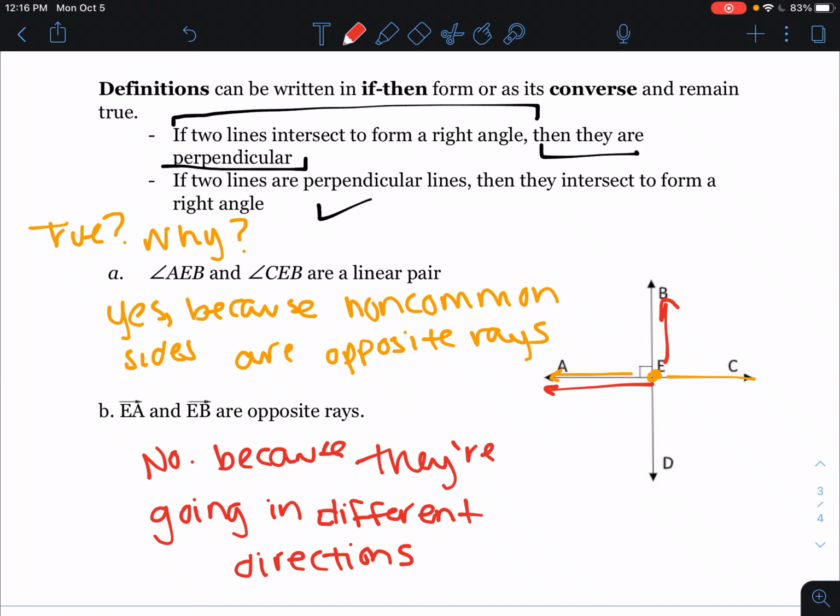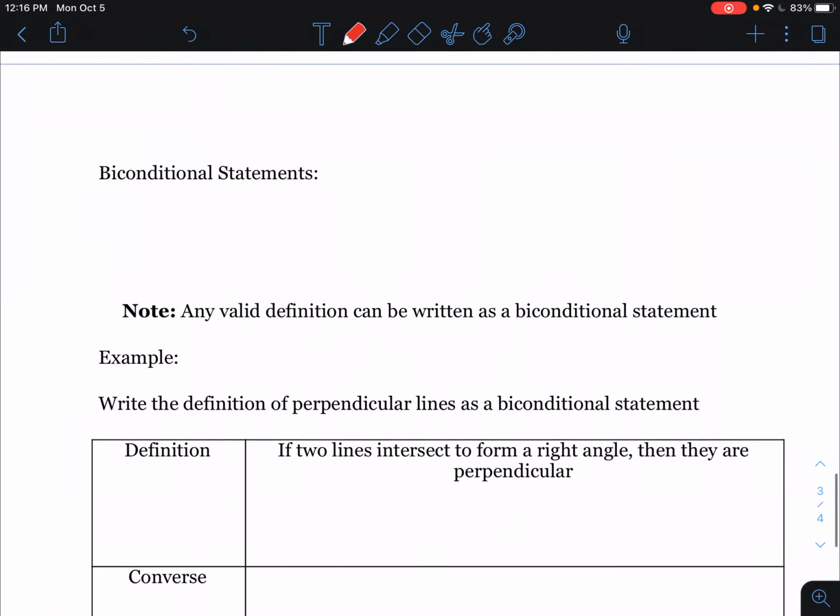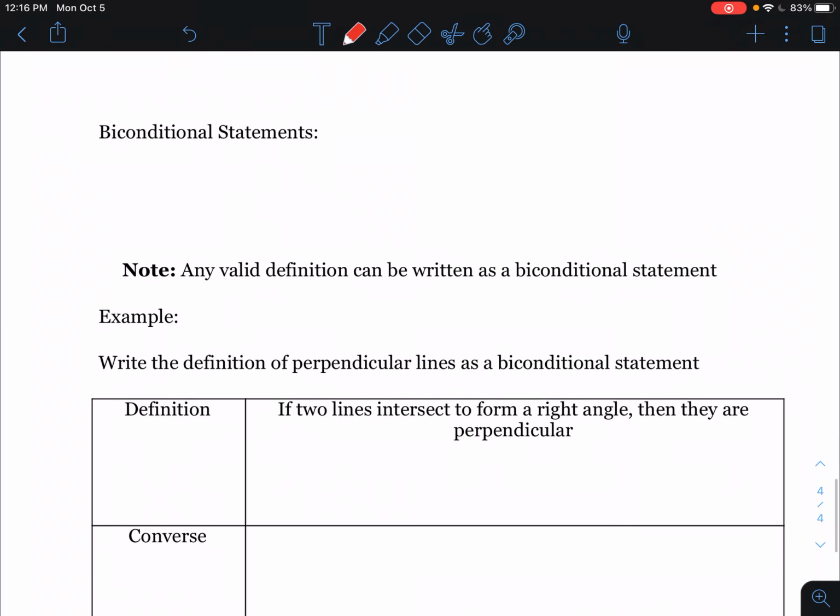The rays are not opposite rays. E doesn't even lie on the same line as AB. So if you had AB going like this, with E here, that would work, but that's not what we got in this case. They're not going in the same direction. So this is just to show you why we're using this logic, to be able to figure out if we can conclude different things and back it up. Just like in other subjects, when you have to use context clues or talk about where you found it in the text, here you have to give a reason as to why you came up with that.